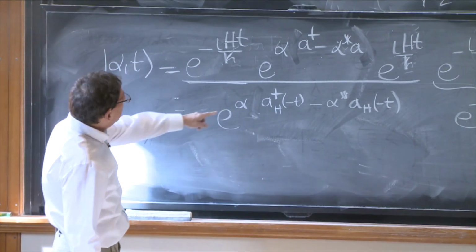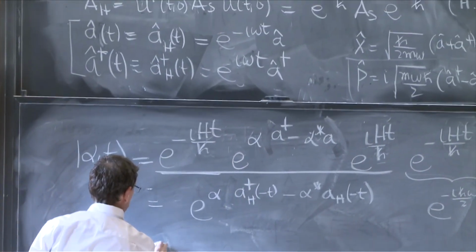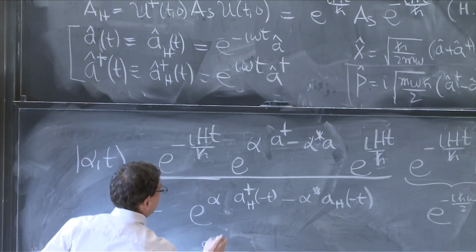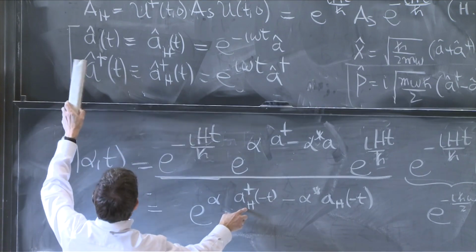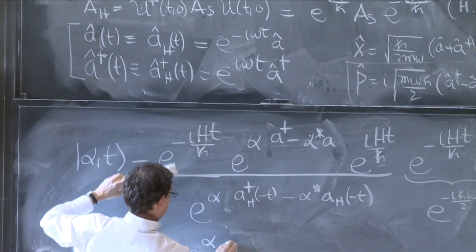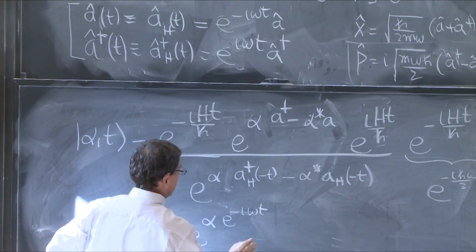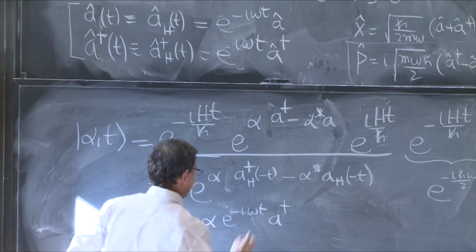And what is this? Well, we have the formula for the Heisenberg states here. So you got e to the alpha a dagger of minus t, which would be e to the minus i omega t a dagger.